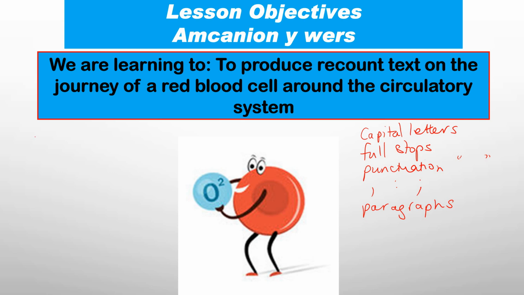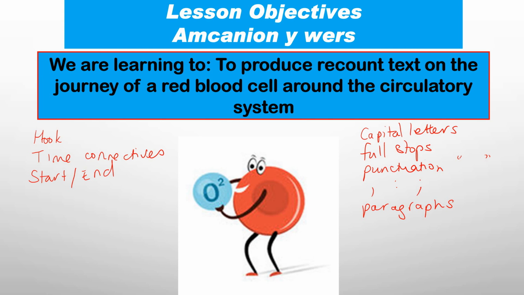We need, first of all, a hook at the start of our story to get people interested in what we're writing about. We need to have, because it's a recount text, some time connectives. We need to think about where our journey is going to start and where it's going to end. So we're going to use the diagram on the opposite page, page 30 to start with.